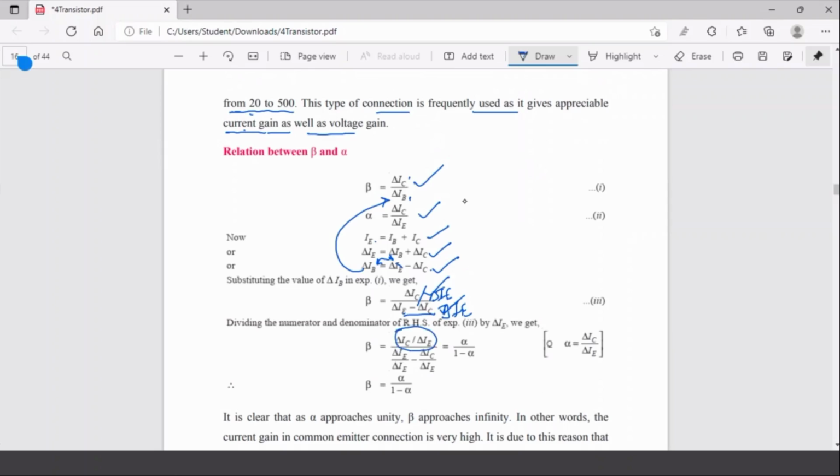Delta IC divided by delta IE, which is alpha. The denominator becomes 1 minus delta IC divided by delta IE, which is 1 minus alpha. Finally, the relationship between beta and alpha is beta equal to alpha divided by 1 minus alpha.